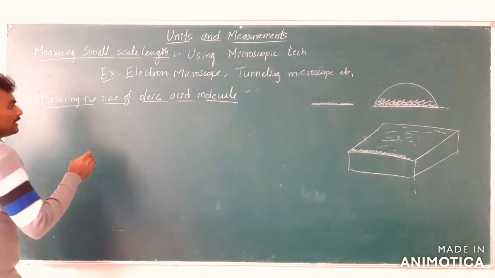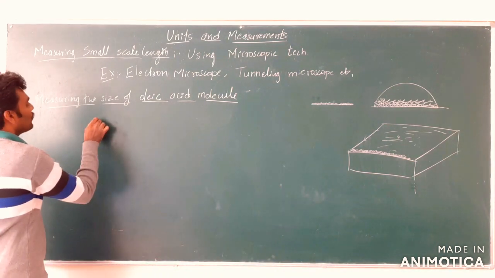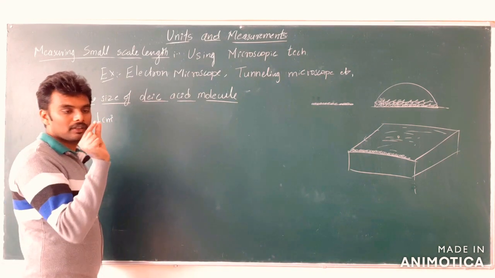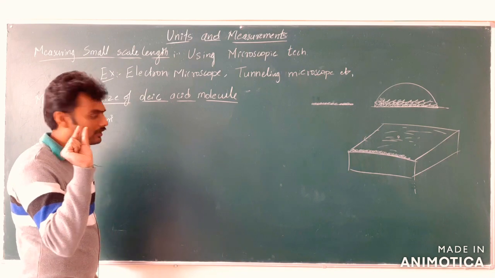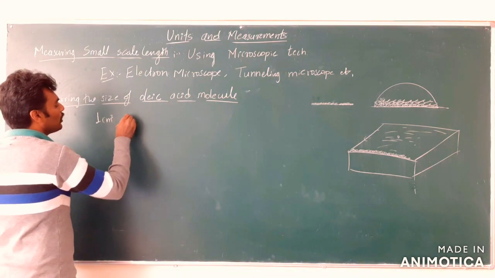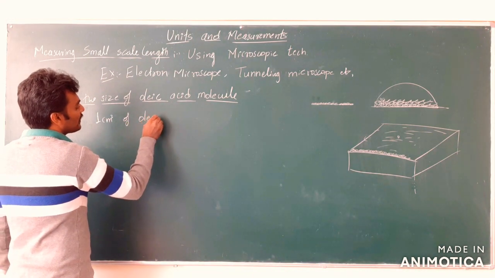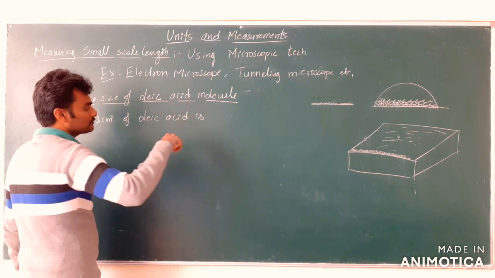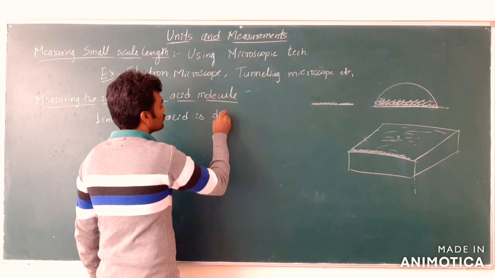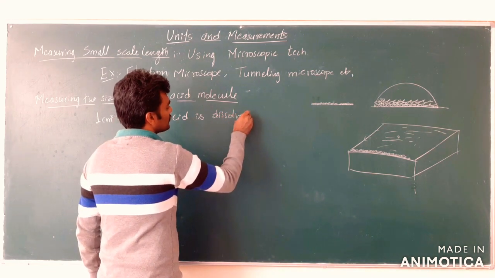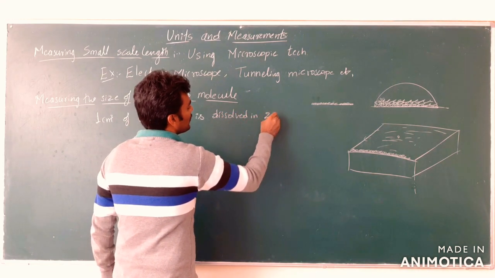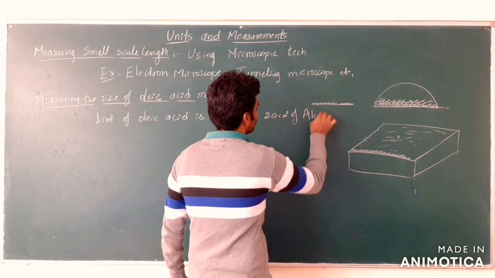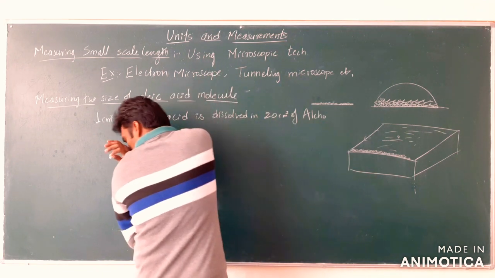So what do we need now? What we do is take 1 centimeter cube, somewhat like this much of oleic acid. 1 centimeter cube of oleic acid is dissolved in 20 centimeter cube of alcohol.